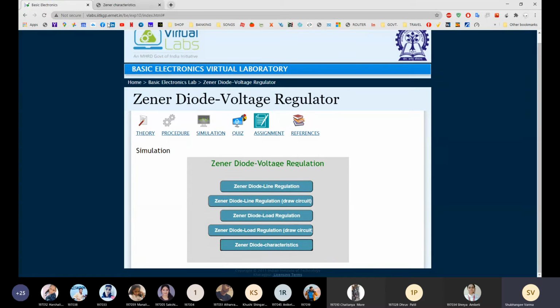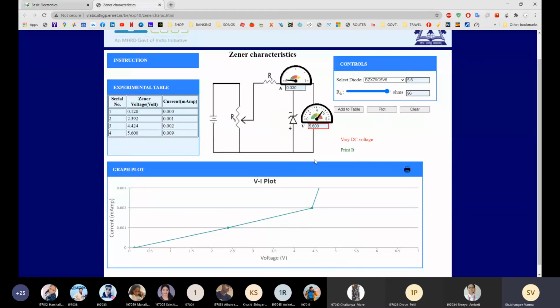If you click on it, this window will appear, and this is the Zener diode characteristic in reverse bias condition. The working of a Zener diode is the same as that of a p-n junction diode in forward bias condition, so the same table will be there, but the characteristic is different in reverse bias condition. Here they have shown you the reverse bias condition.